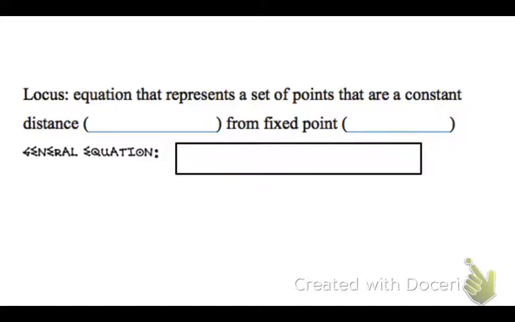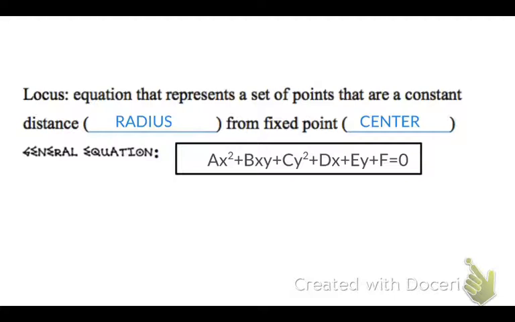We talk about conic sections as a locus, so that's an equation that represents a set of points that are a constant distance, in this case the radius, from a fixed point which we call the center. Now, there's a general equation for all of these conic sections that looks like this: ax squared plus bxy plus cy squared plus dx plus ey plus f equals 0.